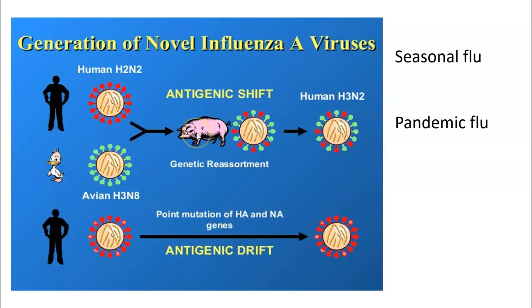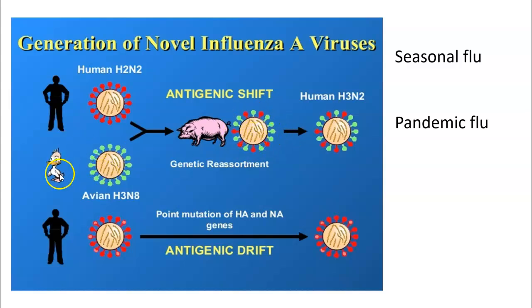But pigs actually have an immune system that is similar to humans and in some ways similar to birds. And human flu viruses and bird flu viruses can both multiply in pigs. And so what can happen is in a pig body, you can create a brand new virus that nobody has ever seen before.